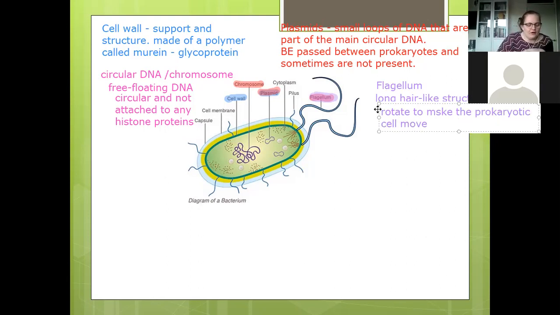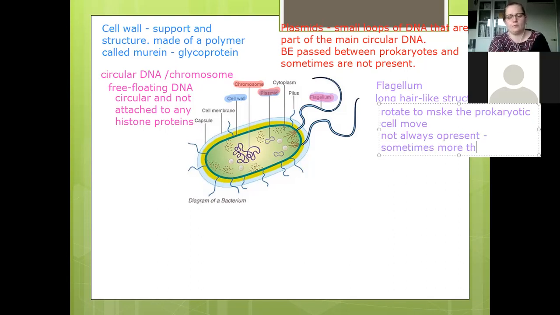Not all prokaryotic cells have a flagellum, and some have more than one.